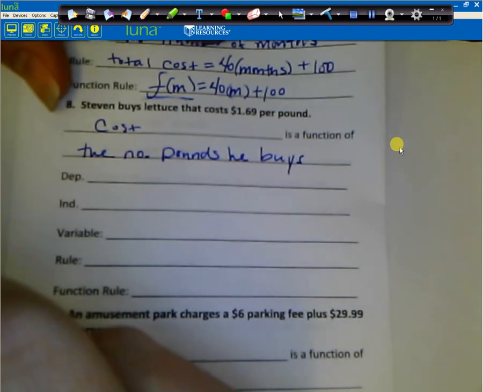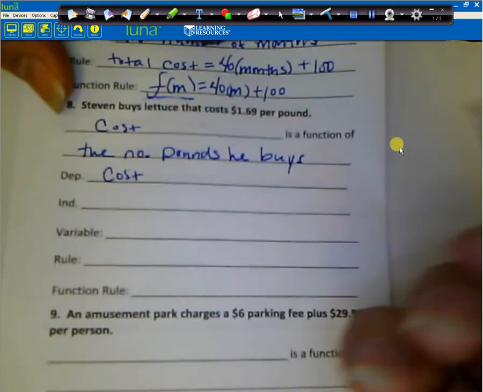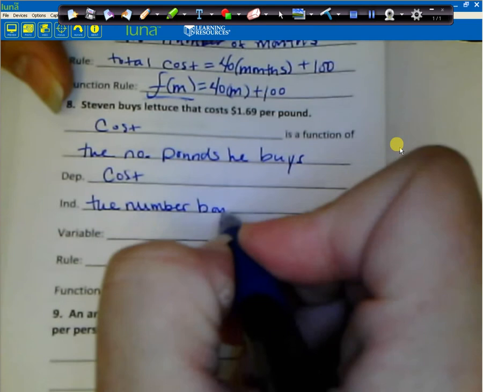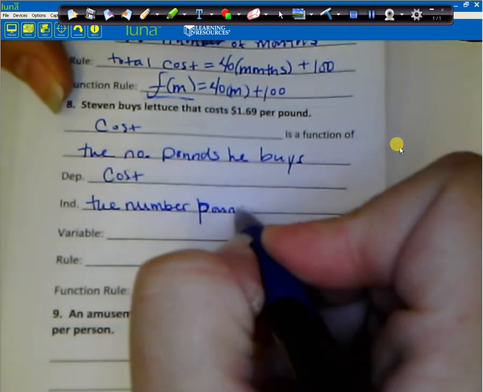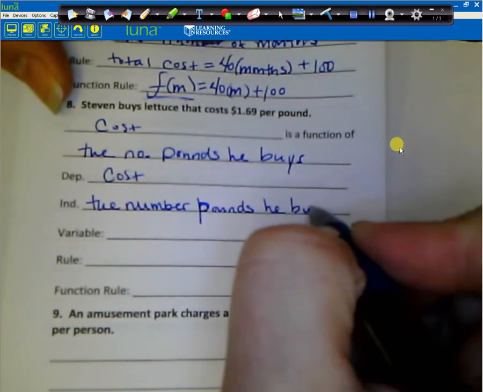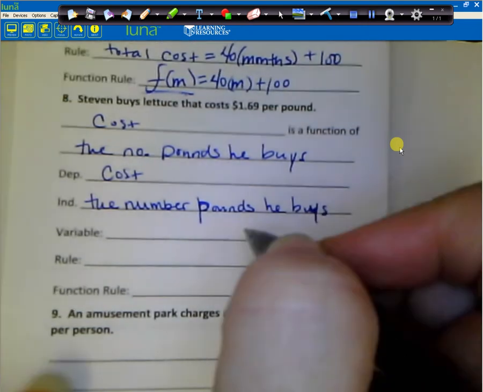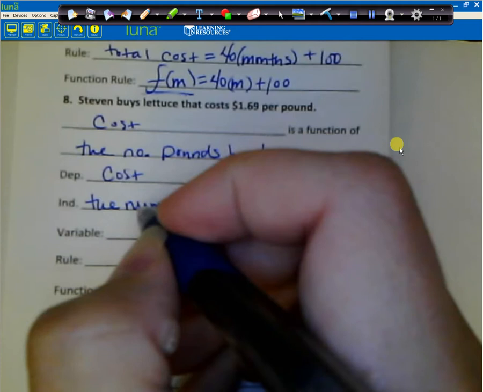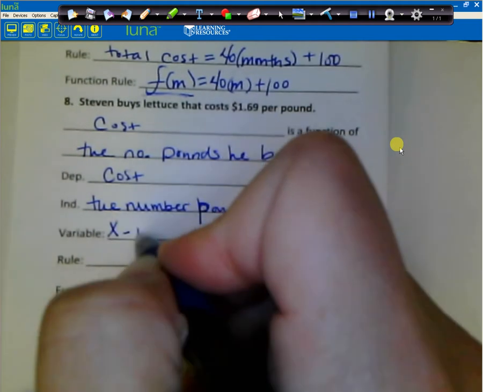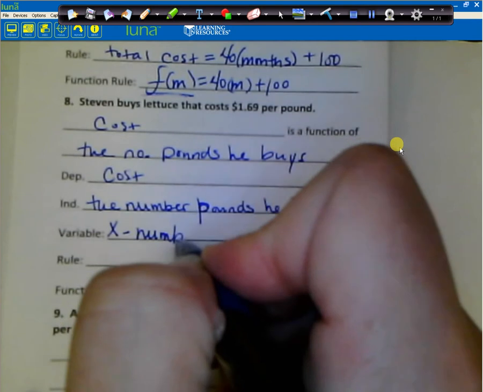The dependent variable is going to be the cost because it depends upon the number of pounds he buys, and the independent variable is the number of pounds. We're going to say that X is going to be our variable here, and it represents number of pounds.